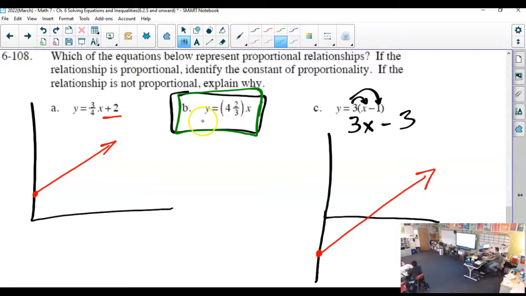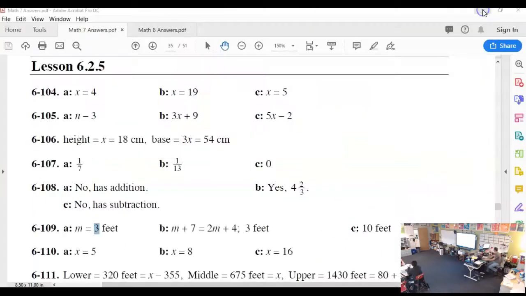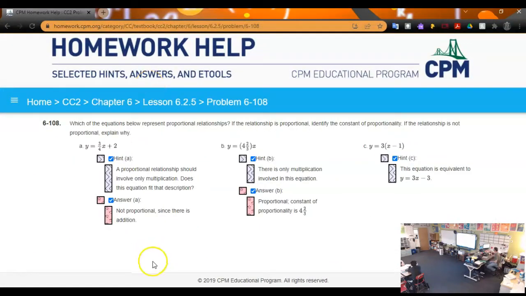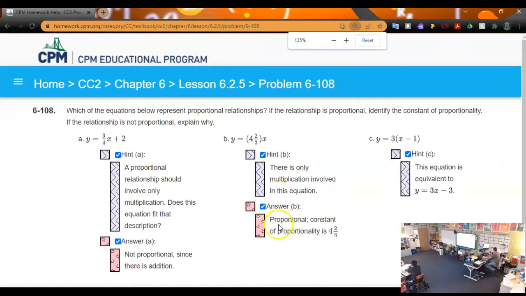Other questions? I'll pop back to the answers so we can check if we don't know how we figure it out. Now, I will say, if I go look at homework help for that one, it walks me through A and B, taking me to the answer of saying A is not proportional, B is proportional, and C, it leaves for me to do on my own, because it's not going to give me all the answers.